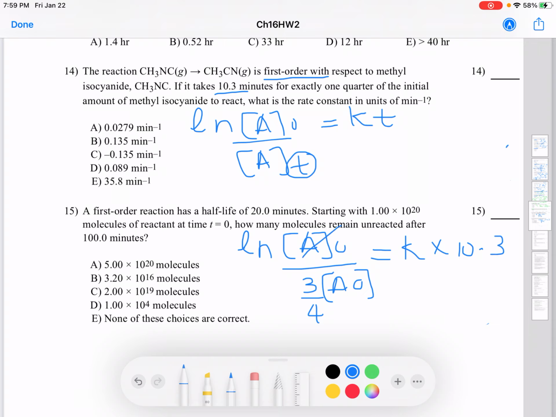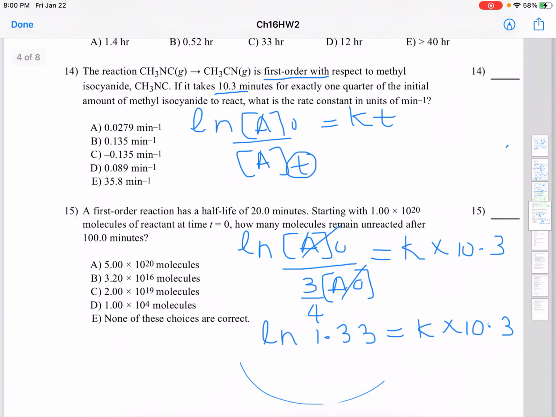Okay, so ln A naught gets cancelled, and ln 1 over 3/4 is 1.33. ln 1.33 would be k times 10.3. So you can find out what is ln 1.33, and you divide it by 10.3 to find the answer.